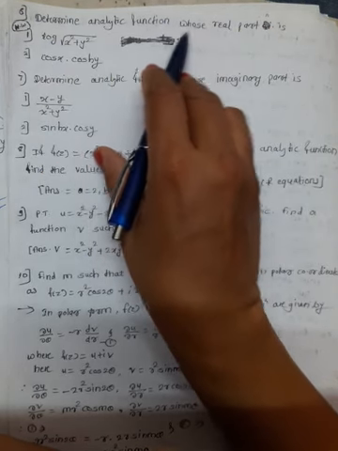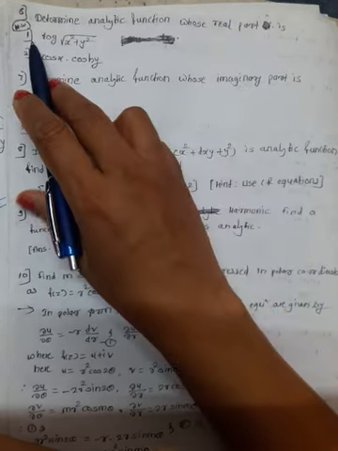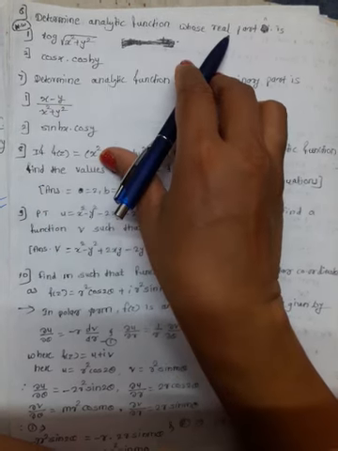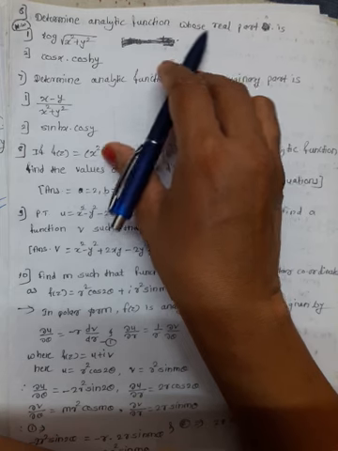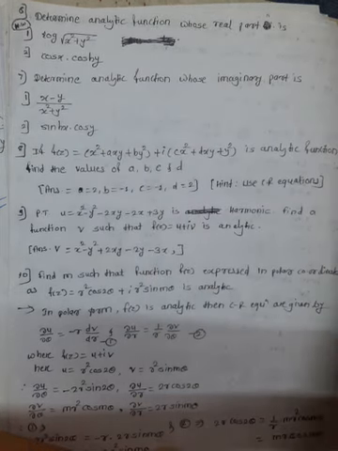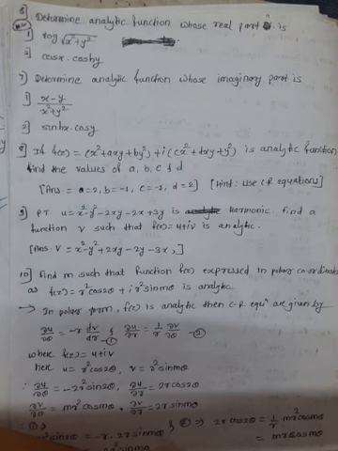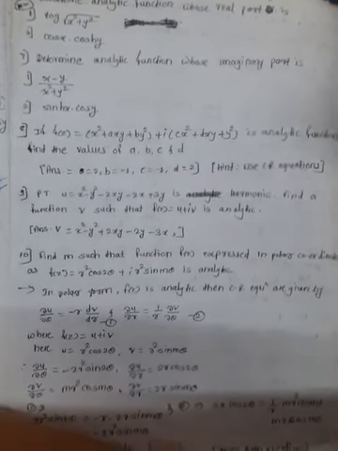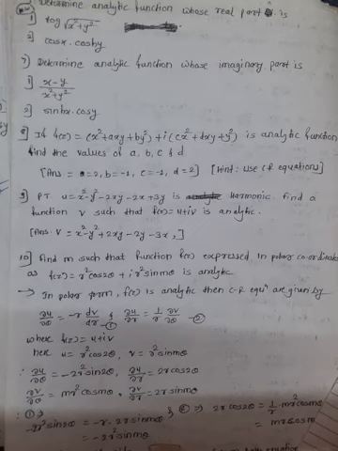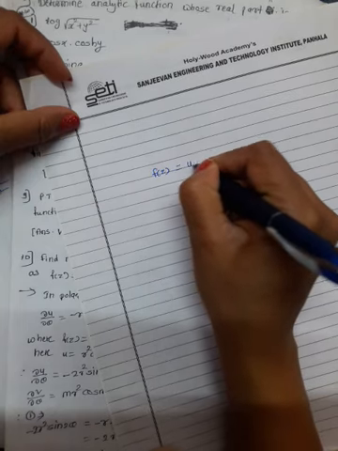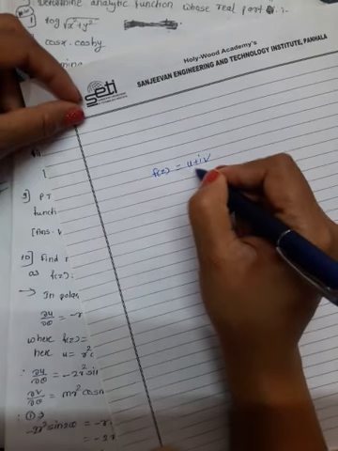Determine the analytic function whose real part is, number 1, log of the square root of x square plus y square. Real part means, what is our analytic function? f(z) is equal to u plus iv is our analytic function.